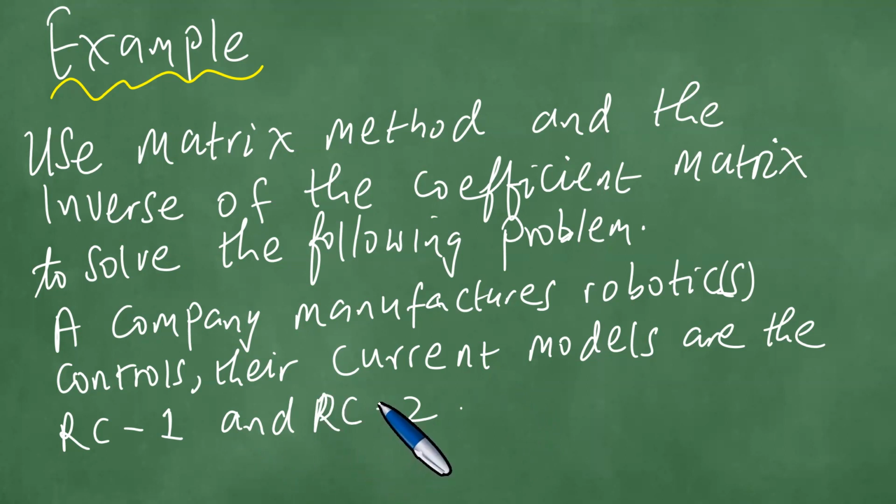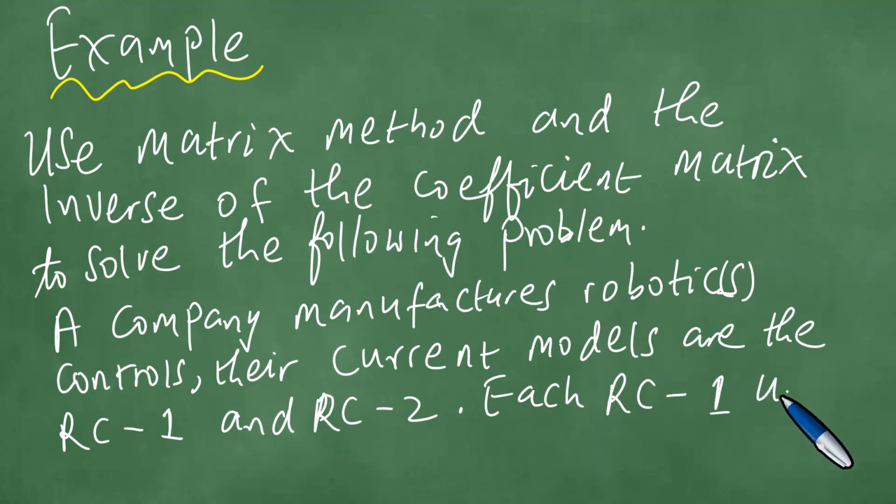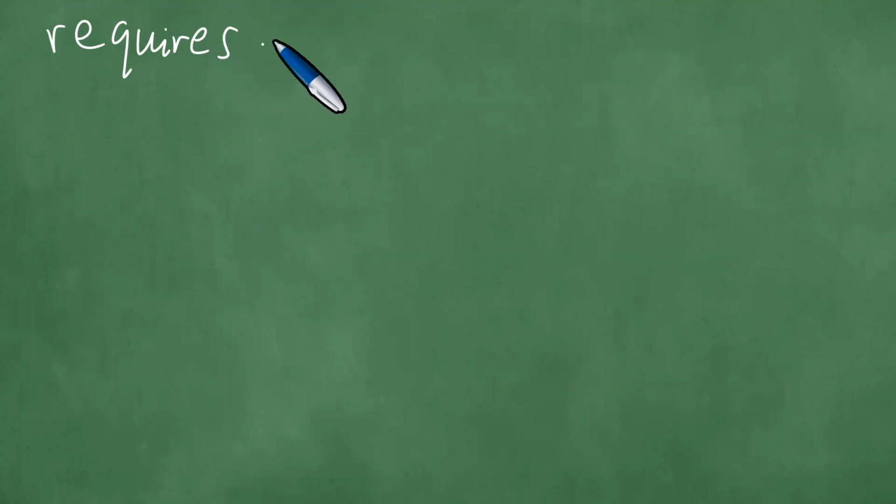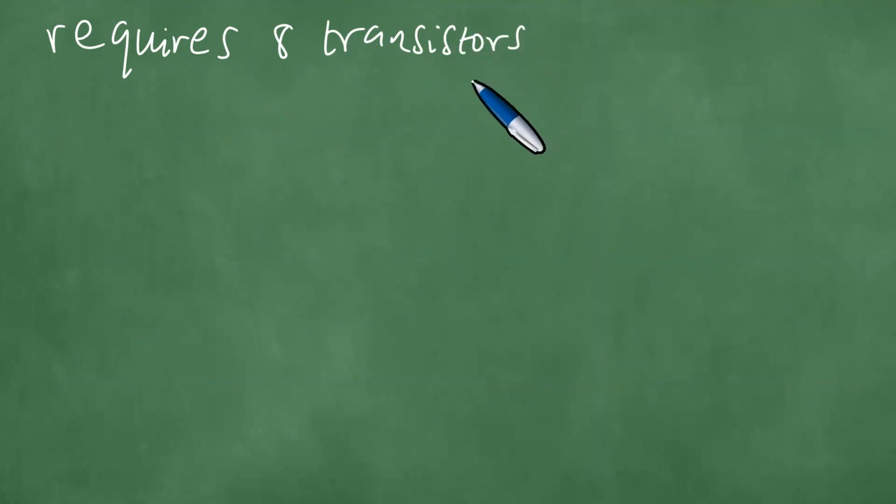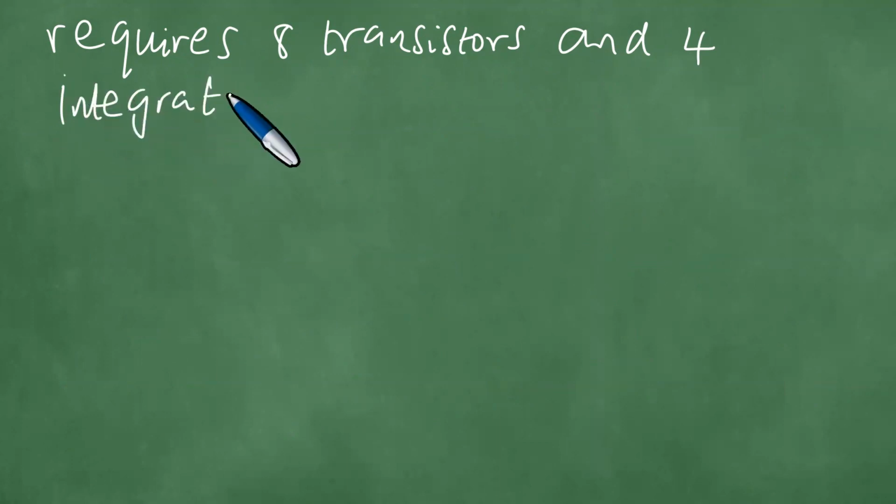Right. Each RC1 unit requires 8 transistors and 4 integrated circuits.